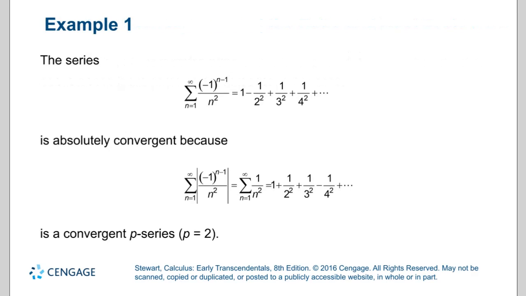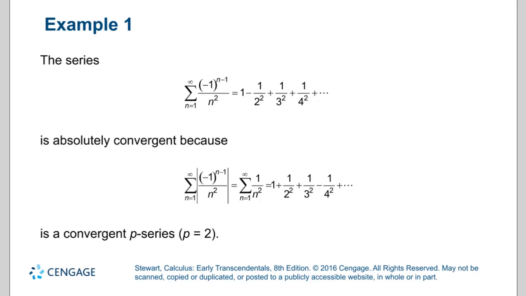Okay, let's look at a couple examples of series that are either absolutely convergent or not. The first series I'm going to look at is an alternating series, (-1)^(n-1) over n squared. So the series comes out as 1 minus 1 over 2 squared plus 1 over 3 squared, and so on. If we take the absolute value of this series, the new series is just 1 over n squared.